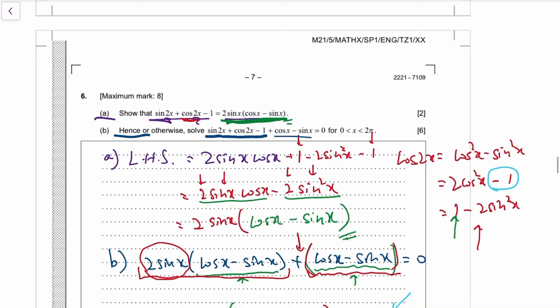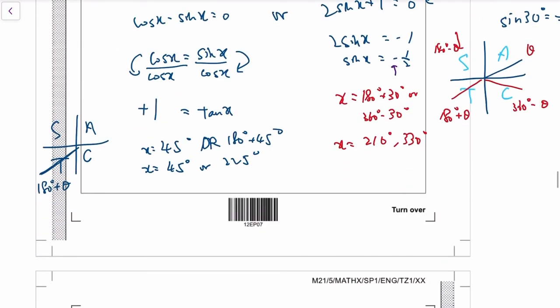Okay, and then you should look at the range. This time it is 0 to 2 pi. 2 pi is 360, so we get all the answers. But we should change our answers to radians. If you know how to change from degrees to radians, you multiply by pi over 180. And then you try to simplify 45 over 180.